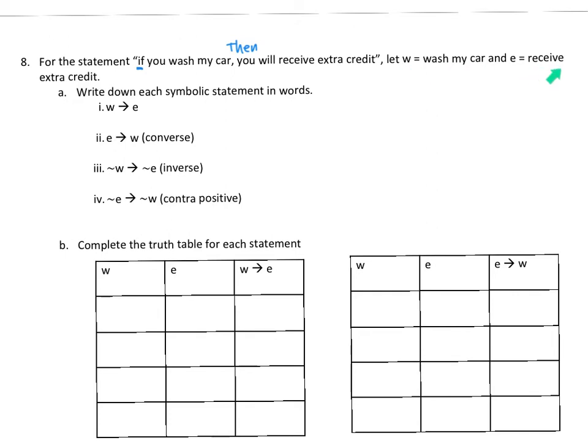Write down each symbolic statement in words, okay? So W implies E, okay? So again, the first part is the antecedent, after the arrow is the consequent. So if you wash my car, that's the original statement, then you will receive extra credit.